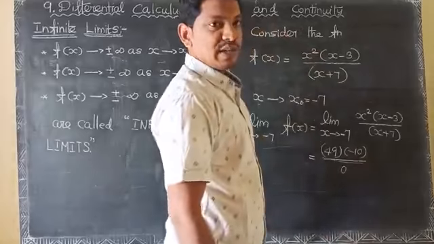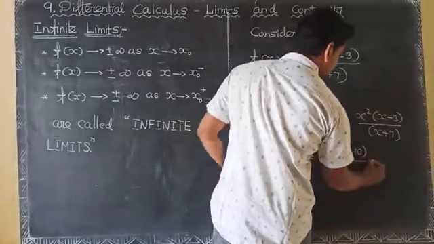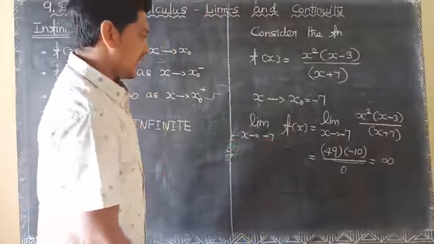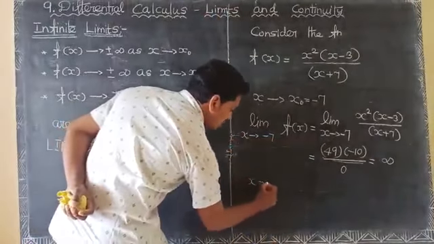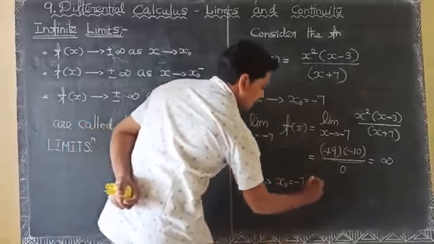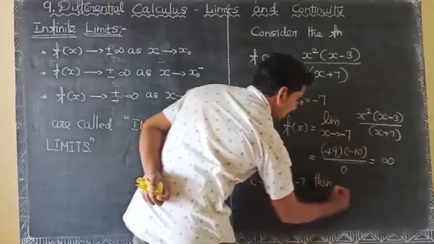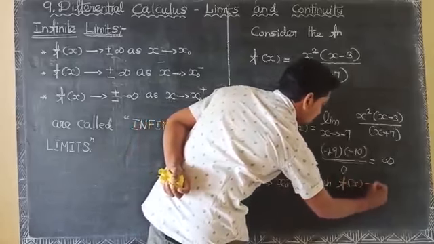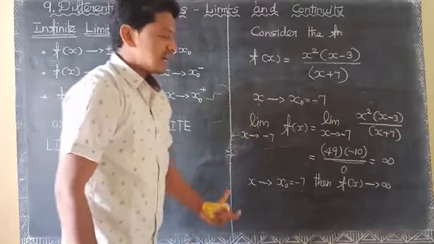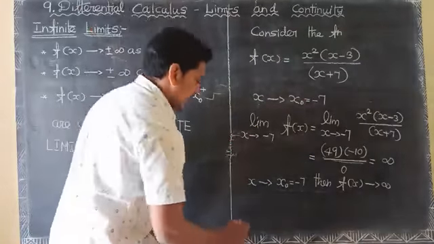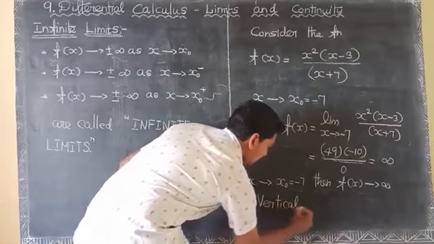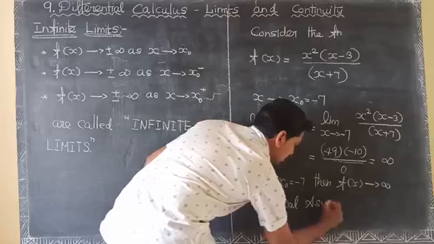The denominator goes to 0, which means the function approaches infinity. As x approaches x naught, that is minus 7, f of x approaches infinity. This is called the vertical asymptote.